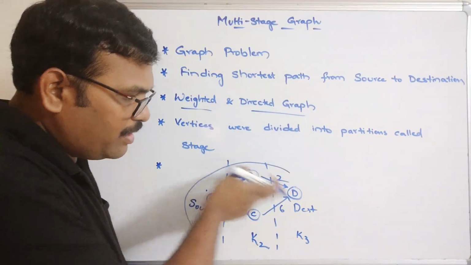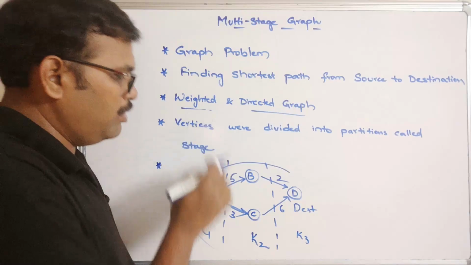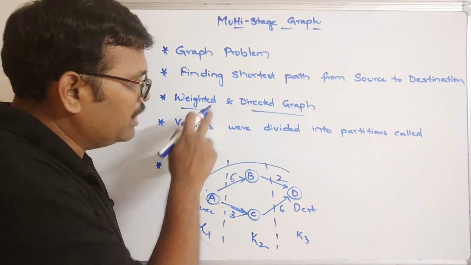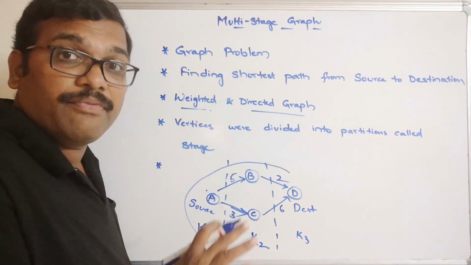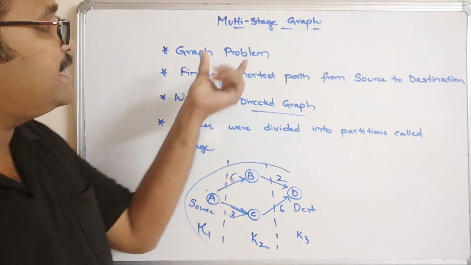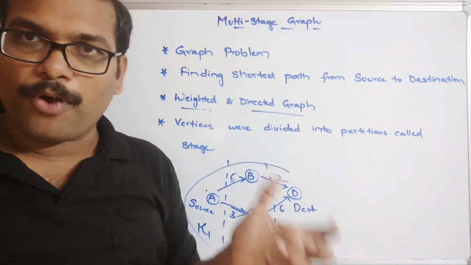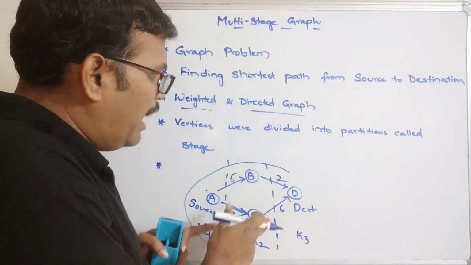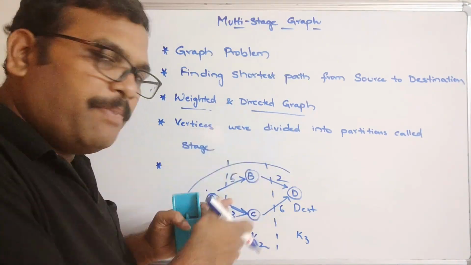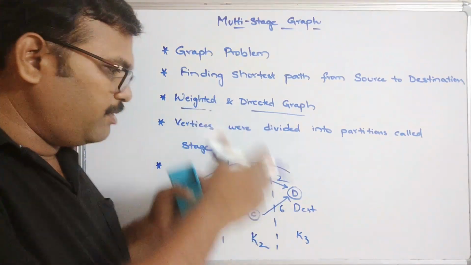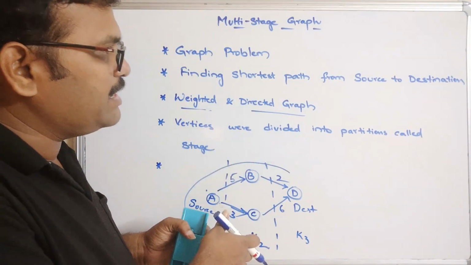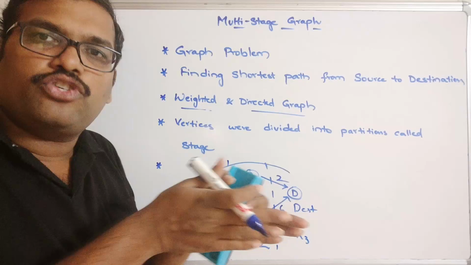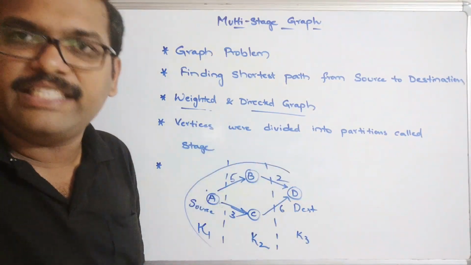Here we have the directions and also a weight for each and every edge. So in order to solve the multi-stage graph problem, the graph should be weighted and directed, the complete vertex set should be in partitions called stages, and the direction should always be towards the destination.